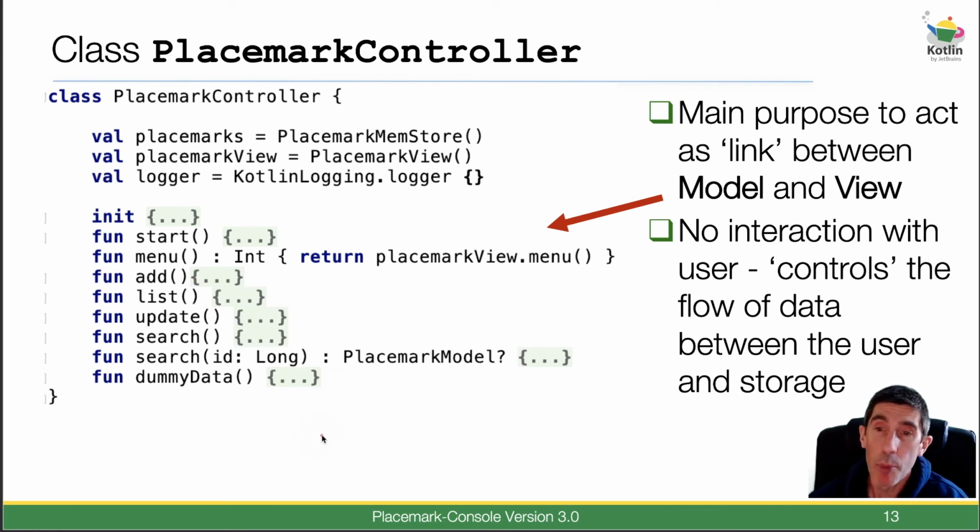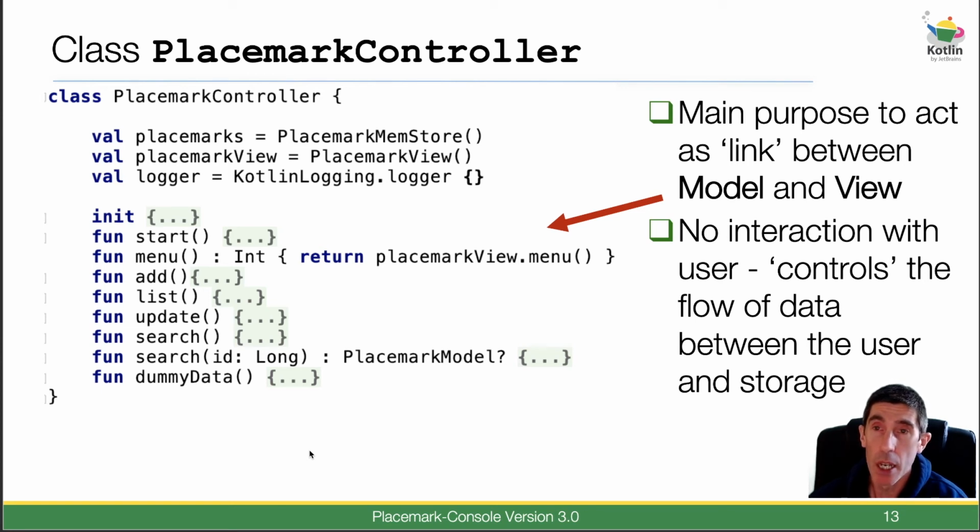But the main purpose of this placemark controller class is to act as a link between the model and the view. If you notice, there's no interaction with the user here. This controls the flow of data between the user and, we'll call it storage for the moment. It's been stored inside just a temporary array list. Ultimately, that can be stored in a JSON file. So again, the controller will manage that, but there's no prompting the user for data inside the controller.